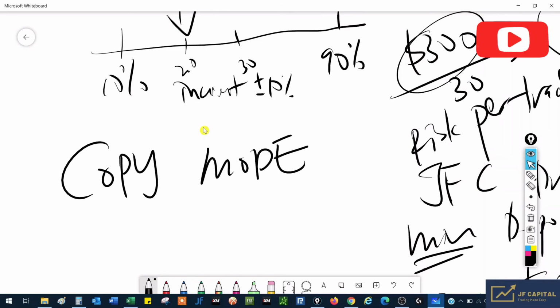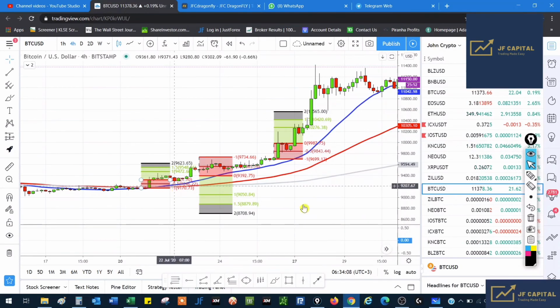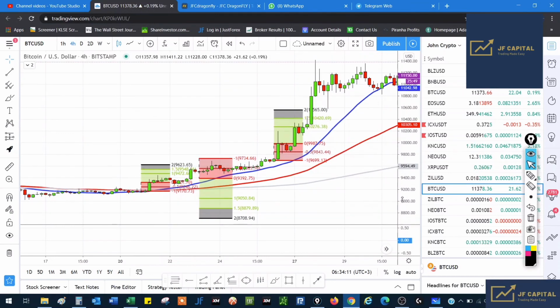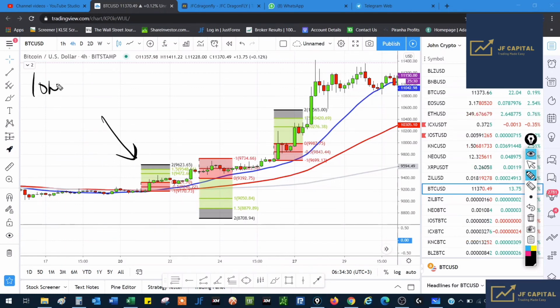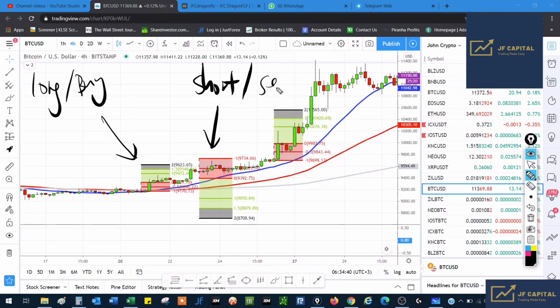Lastly, I will use this chart price action to show you how I execute my position. First thing, you will see red and green. If green is arranged like this, this is a long setup or buy setup. If the red is on top, this is a short setup or sell setup.